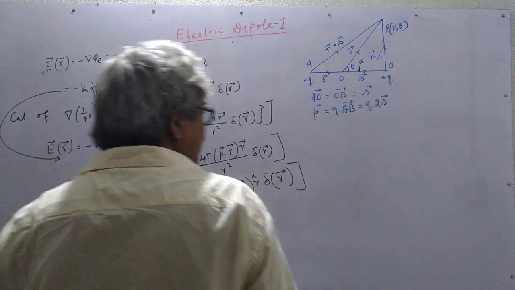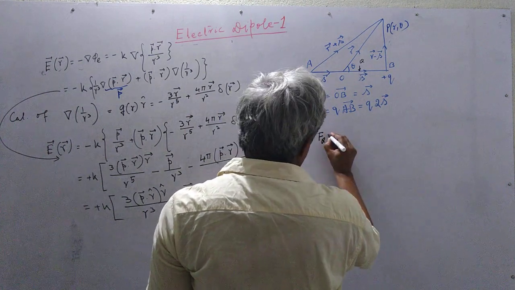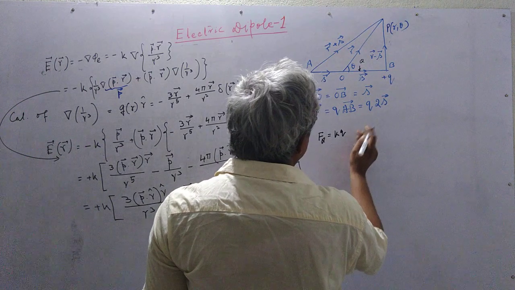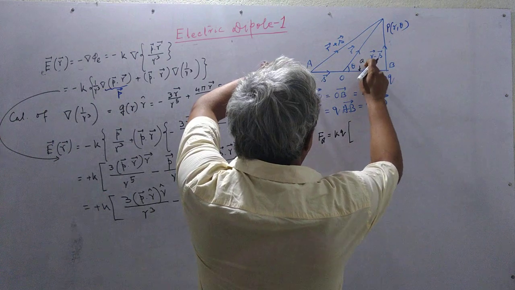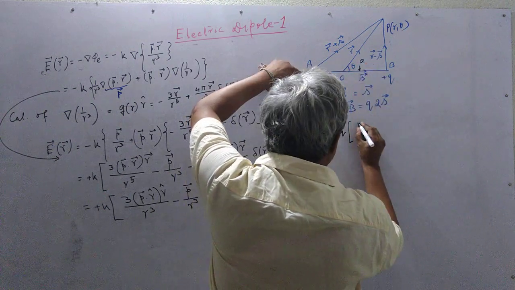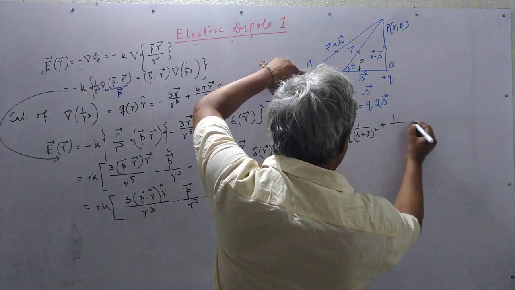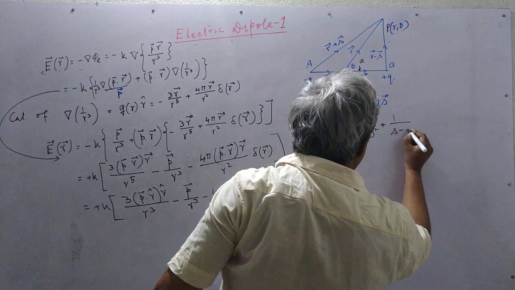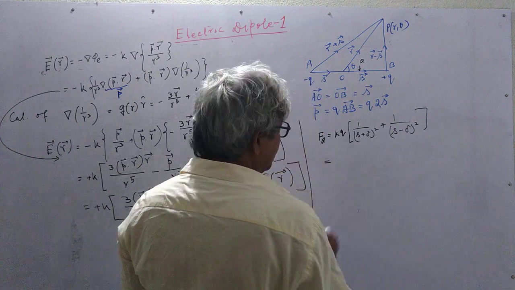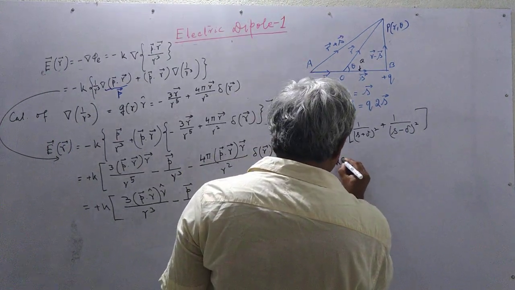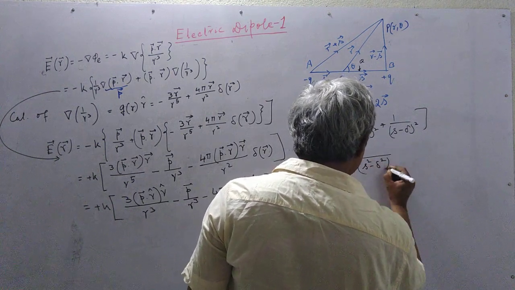The magnitude of the force when a test charge is placed at Q is KQ times 1 upon s plus delta whole square minus 1 upon s minus delta whole square, where s is the distance from the center to each charge and delta is the distance of Q from O. So this is equal to KQ times 4 s delta by s square minus delta square whole square.